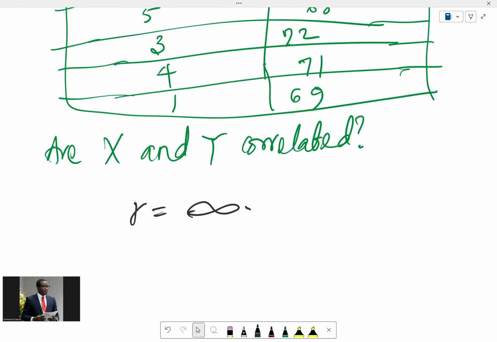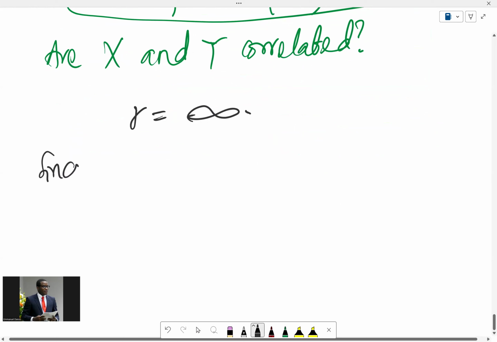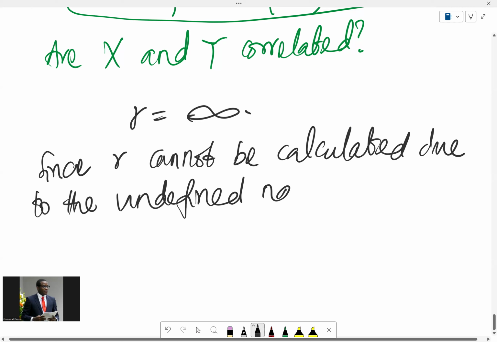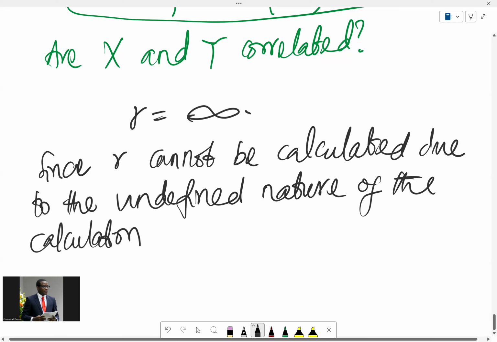Once you cannot define it, in that case, you have to conclude that since R cannot be calculated due to the undefined nature of the calculation. Once you have a square root of a negative, that's impossible, right?